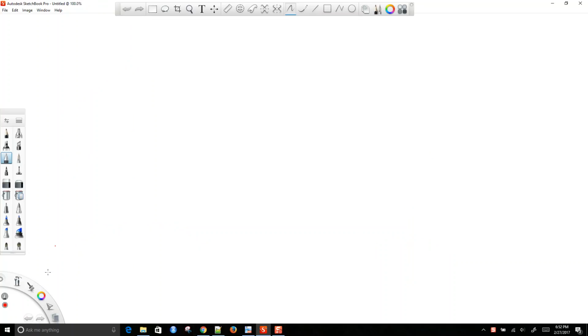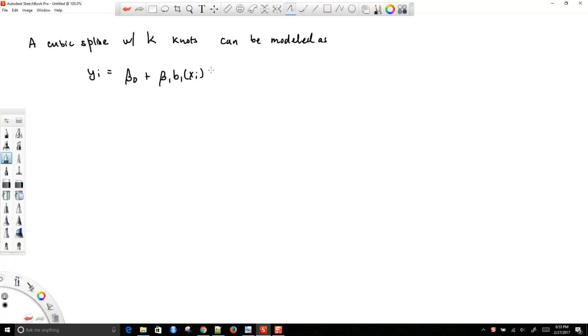If we have a cubic spline with k knots, it can be modeled with our regular old basis functions, beta 1 b1, then beta 2 b2, our second basis function, and so on up. If you've got k knots and it's a cubic, then you're going to have k plus 3 basis functions.